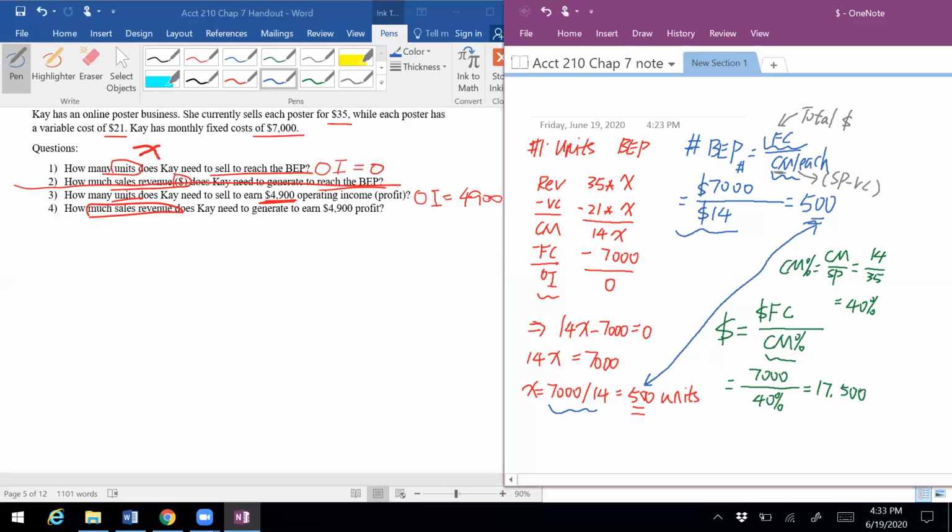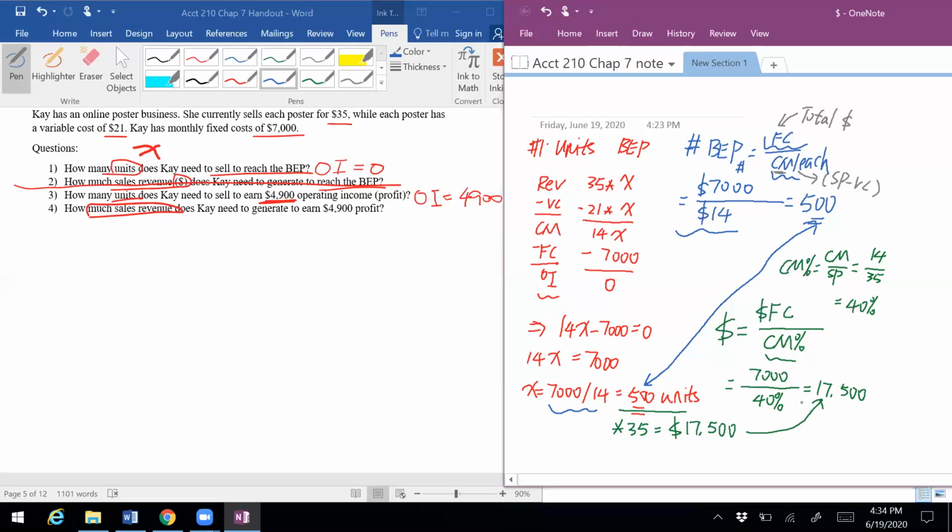You said, I want to double check it. I said, go ahead. You already got your units as 500 units, right? Each one's selling price is $35. If you do that, your dollar amount also has to be 17,500. You double check yourself there. How do you interpret that?